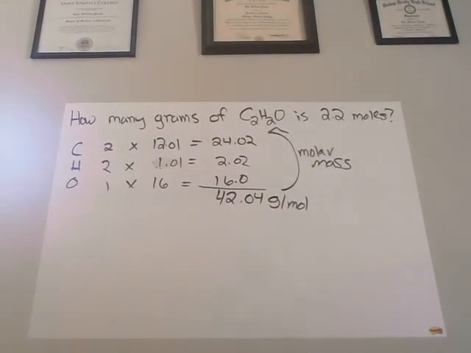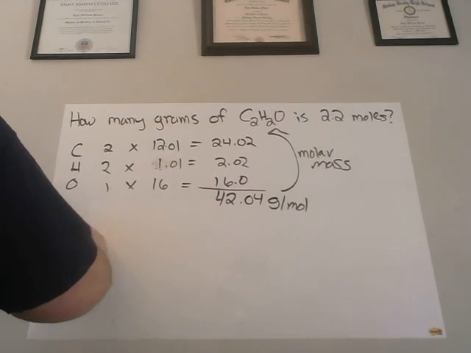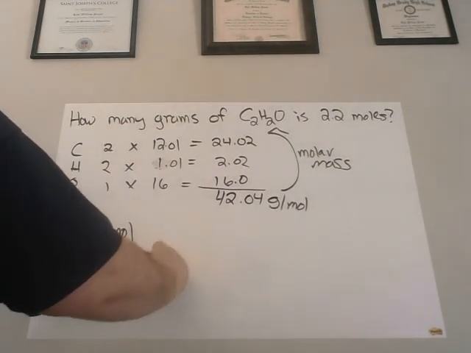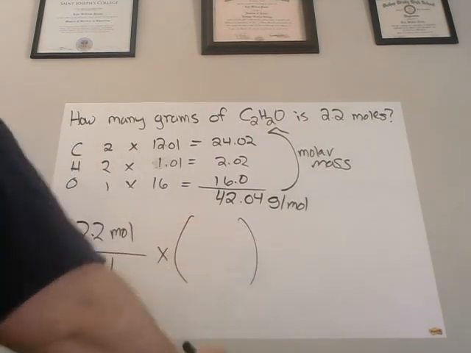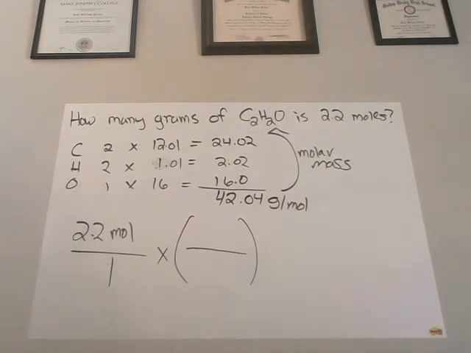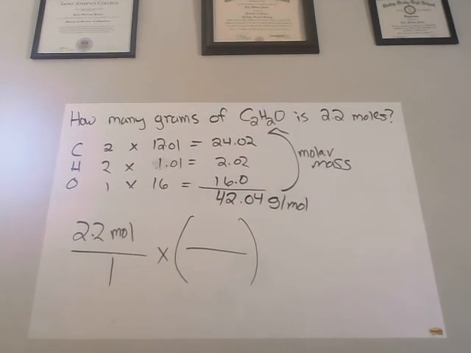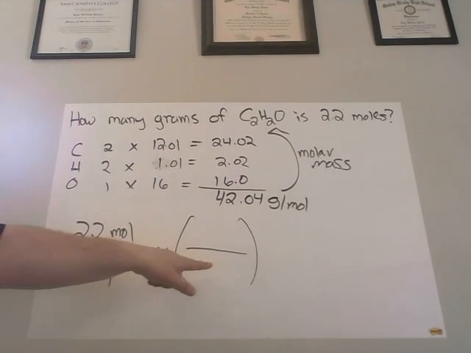So now that I have that, I can figure out how many grams 2.2 moles is. I take my number, 2.2 moles, put it over 1, and I multiply by the fraction, by the molar mass. For this one, does the molar mass go on top or the bottom? Well, since I have moles on top here, I need moles on the bottom.